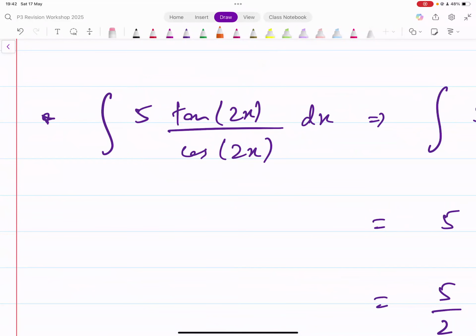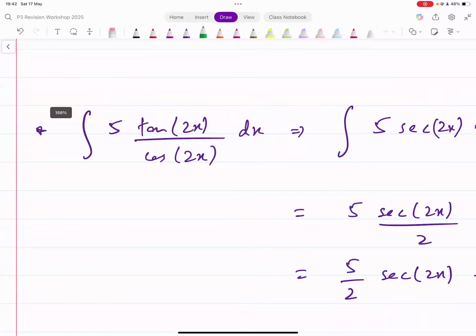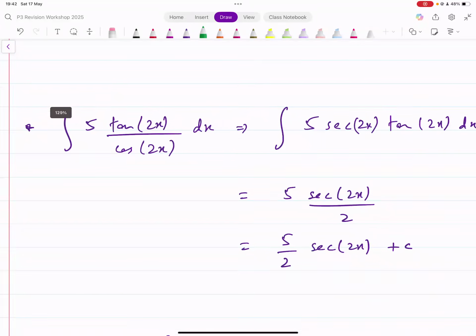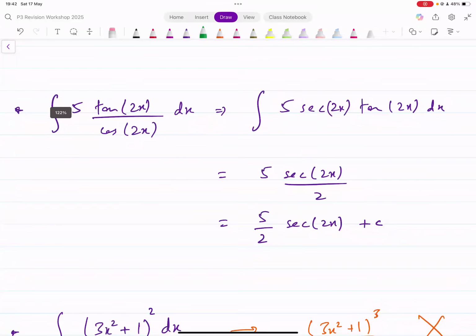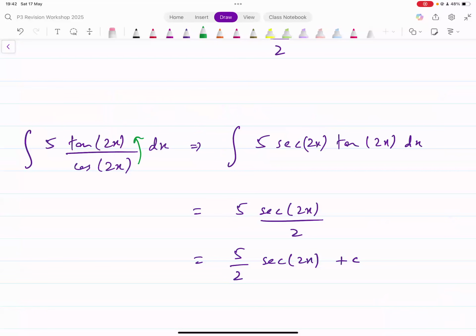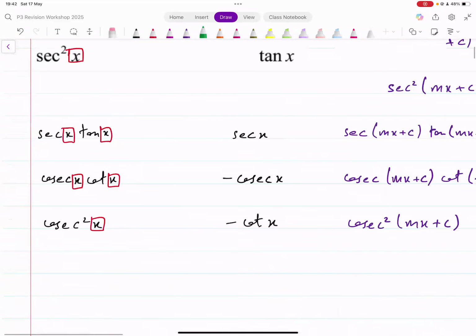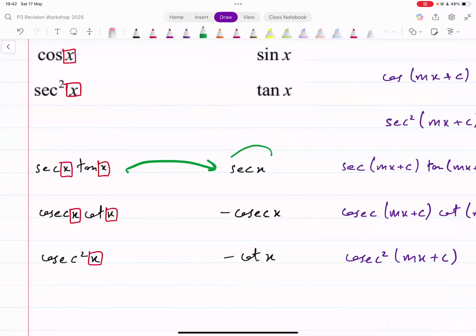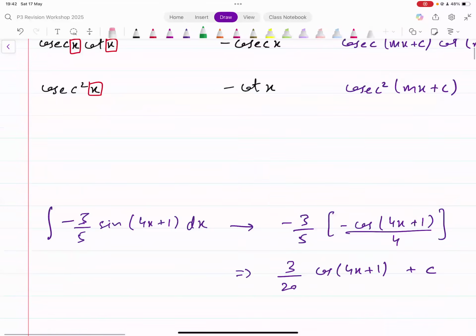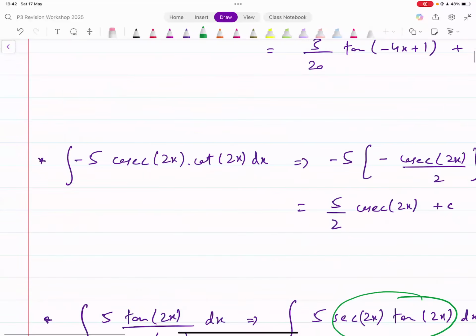You think of bringing this to the numerator and then applying integration by parts, but it turns out if you bring cos 2x to the numerator, it actually becomes secant, and you end up getting secant into tan. And for that, we know that a direct integral exists. We can integrate it to secant directly. So we bring cos to the numerator.